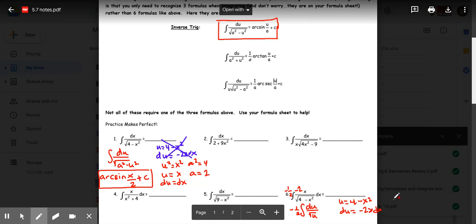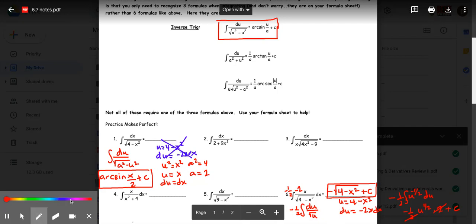Okay, now what you have to do with that is you have to rewrite it as u to the negative 1/2 to integrate it. So bring that power up. Then that integrates to u to the positive 1/2 when you add 1. And divide by 1/2 is the same thing as multiplying by 2. These 2's will cancel. You're left with negative u to the 1/2, or in other words, negative root u plus c. So there's your answer to number 6. And 1 and 6 look very similar. The difference is in x, and very different methods in terms of integrating.